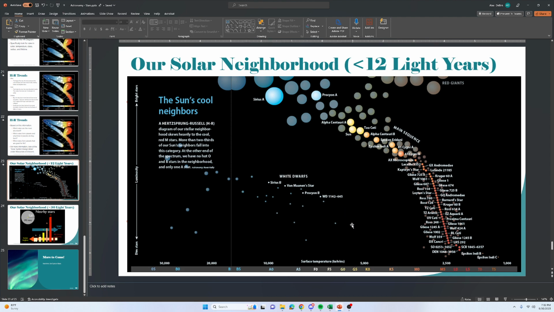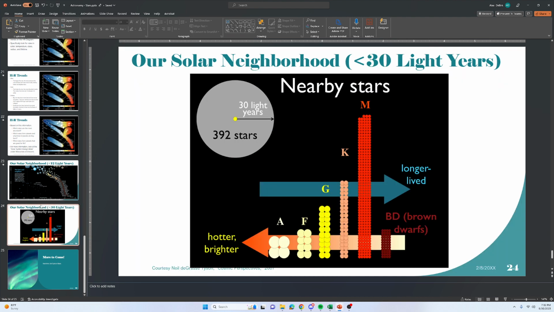There's a bunch of white dwarfs in there, and then you've got a few yellows, a few oranges, and a million reds. One white and one blue, and that's it. Okay, so that kind of shows you the star classes, how they're tied to temperatures, and their abundance.